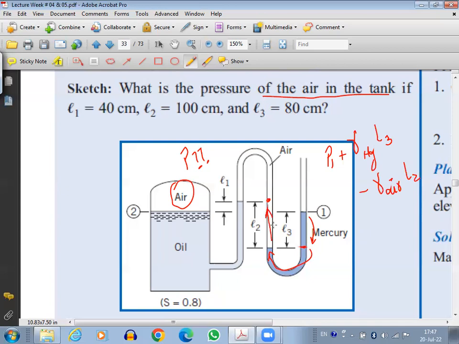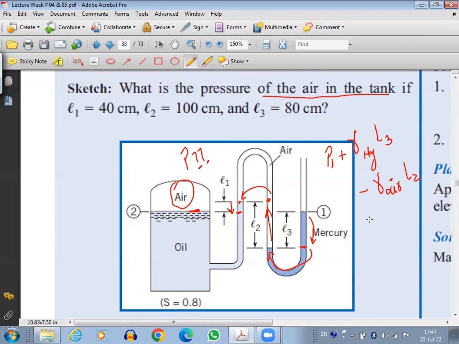Now, since within a fluid the level remains at the same level, the pressure is same. So I've jumped from here to here. Now I will move down. But how much? I don't want to go overall down. I just want to know the pressure here. So whatever the pressure here will be the same as pressure here, because it is the same fluid, oil, at the horizontal level. So I will just go down this much.